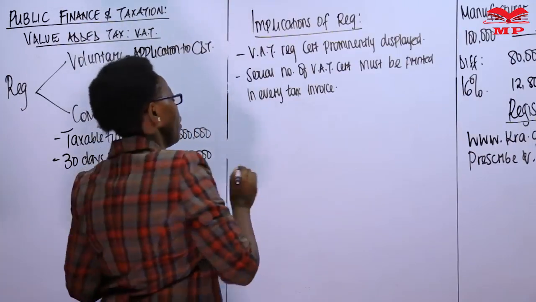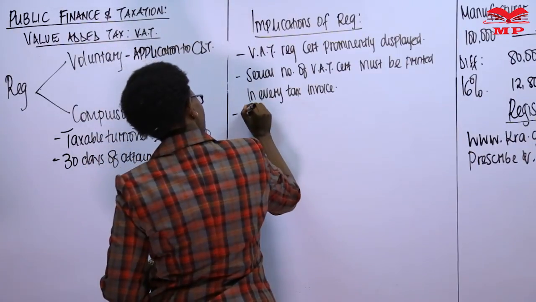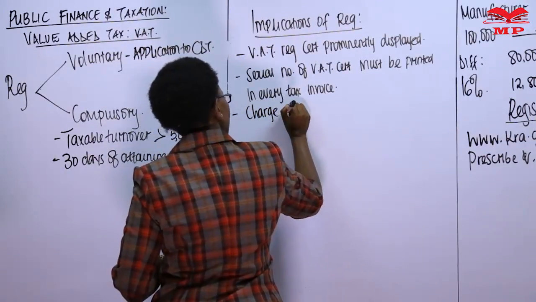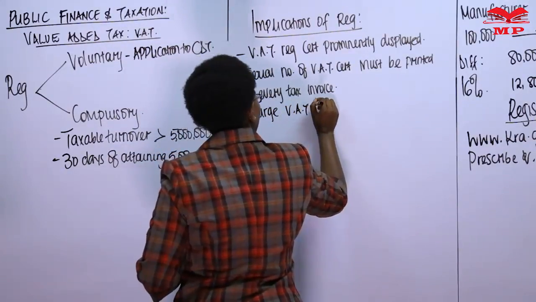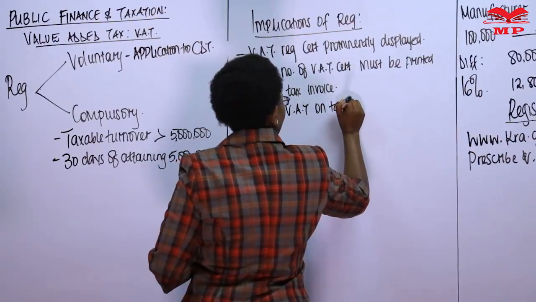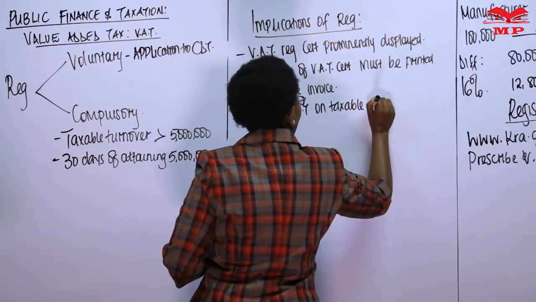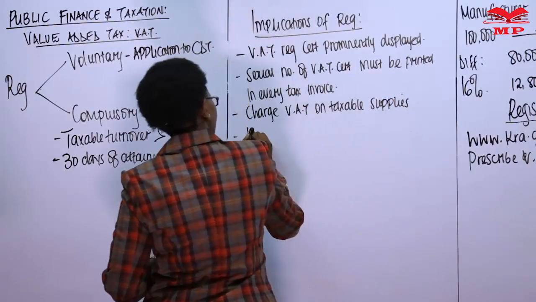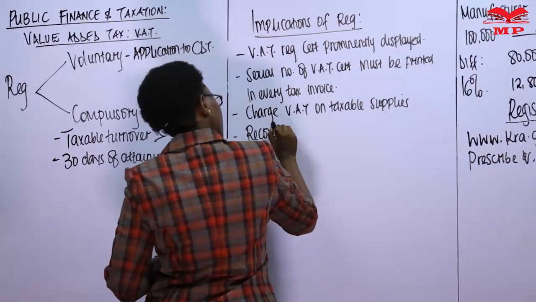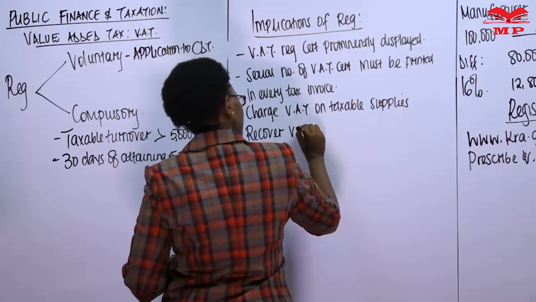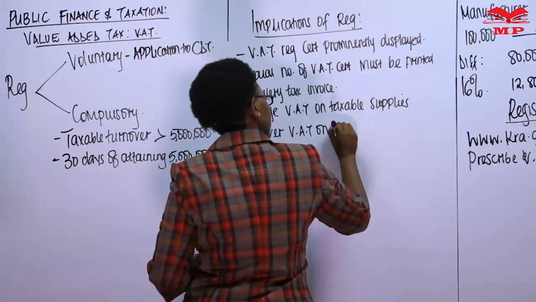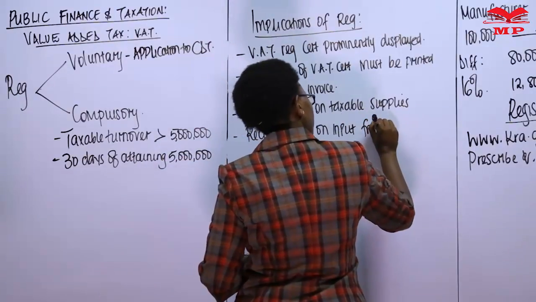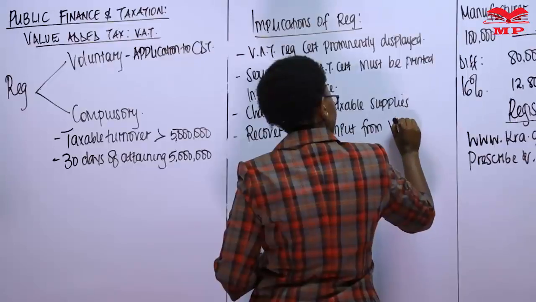Then you're able to charge VAT on taxable supplies, and you're able to recover VAT on input from VAT collected.